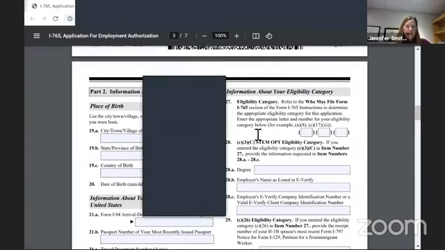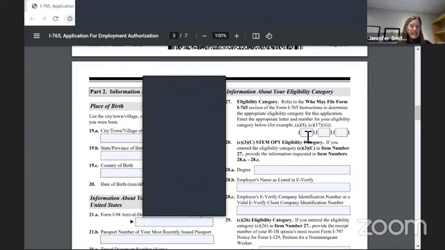Pregunta 27 es la categoría de su elegibilidad para trabajar en los Estados Unidos. Es un número y letras de las leyes de los Estados Unidos. So this is they're asking, in which category are you eligible to work in the US? And under DACA, that category is C33.